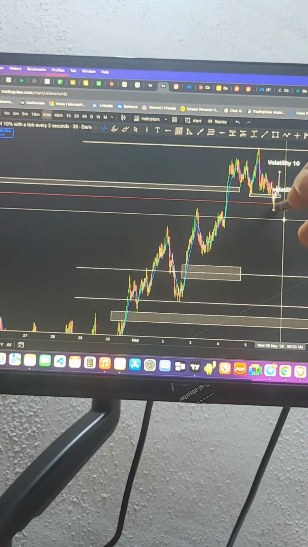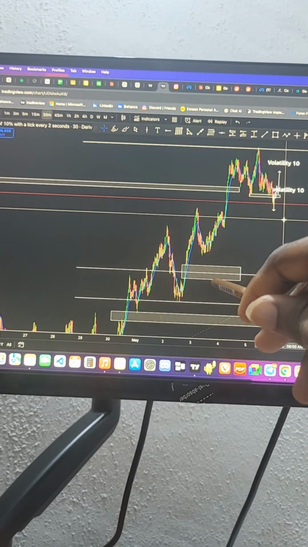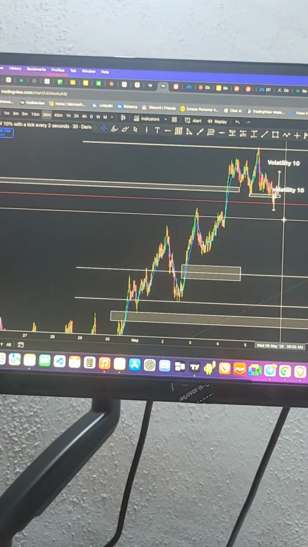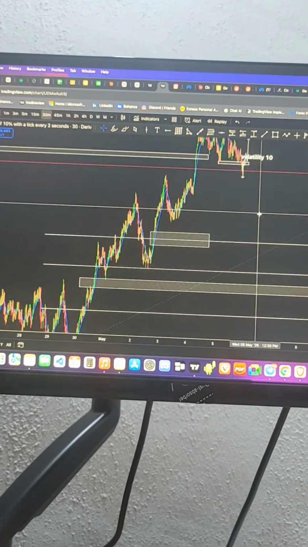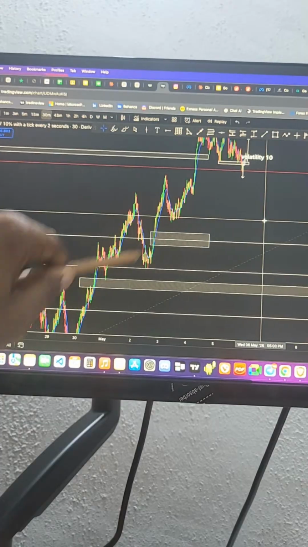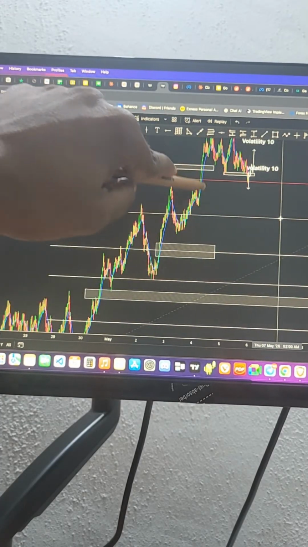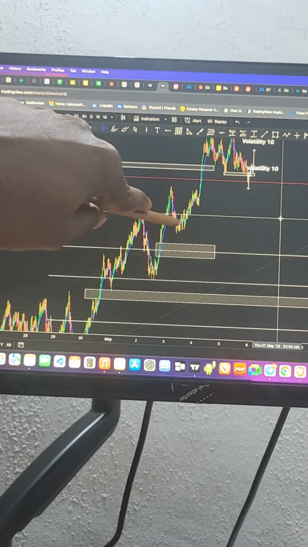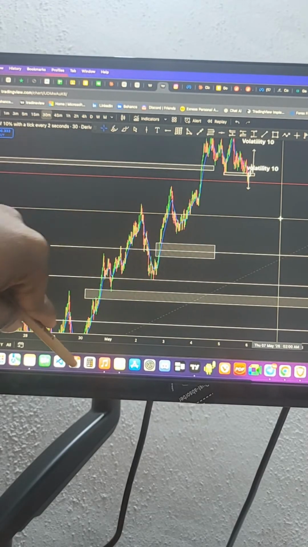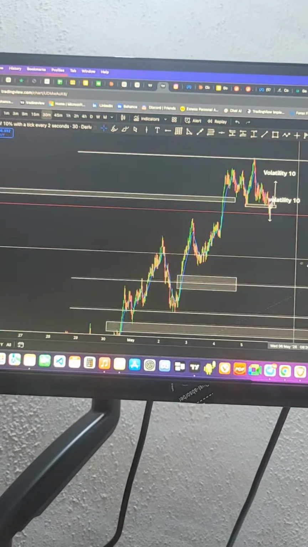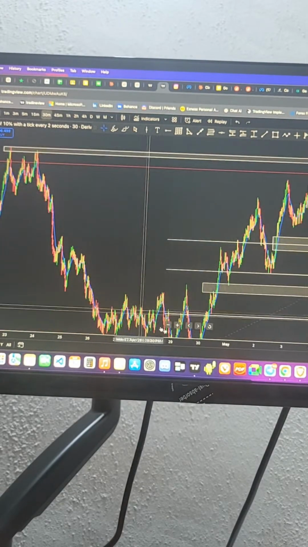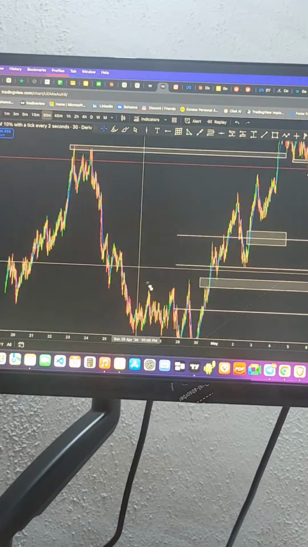So currently I'm looking for how to get involved in this buy opportunity. So what I'm going to do is wait for price to pull back to somewhere around here and here. Then this is my final level where price might come to, but I'm not sure that price is going to come all the way down to this zone. This is where I'm expecting price to come to, this and this. So if price comes all the way down to this, that means it's giving me something else. Well, we have already shifted structure externally.